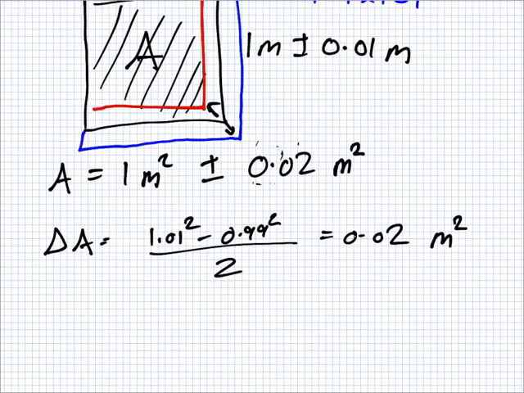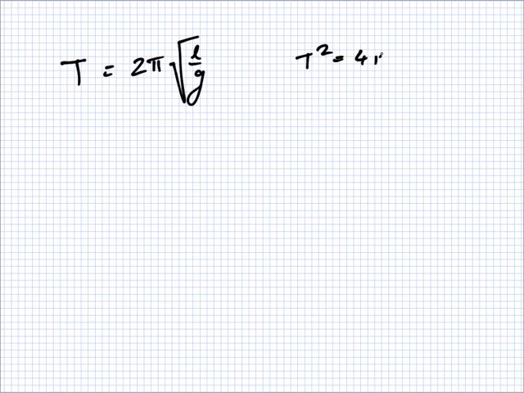Yes, okay. So suppose you had something like this. T equals 2 pi root L over G. You know you can change that into T squared is 4 pi squared L over G. So you can get, for example, if you want, G equals 4 pi squared L over T squared.